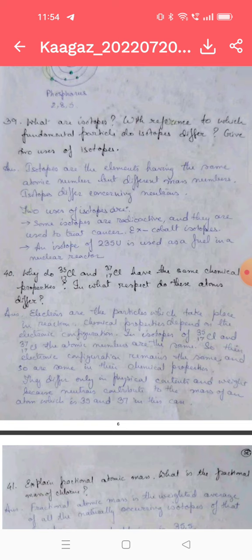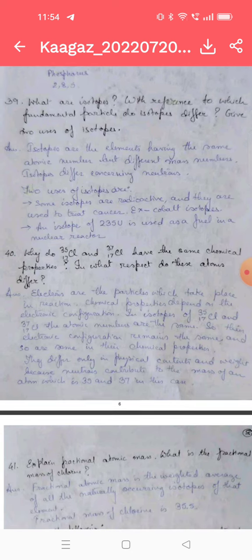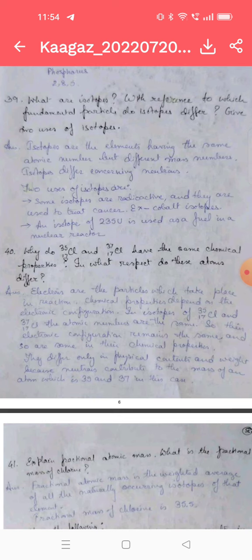As their electronic configurations are the same, the chemical properties are the same, because chemical properties depend on the electronic configuration of an atom. But these two isotopes differ because they have a different number of neutrons.